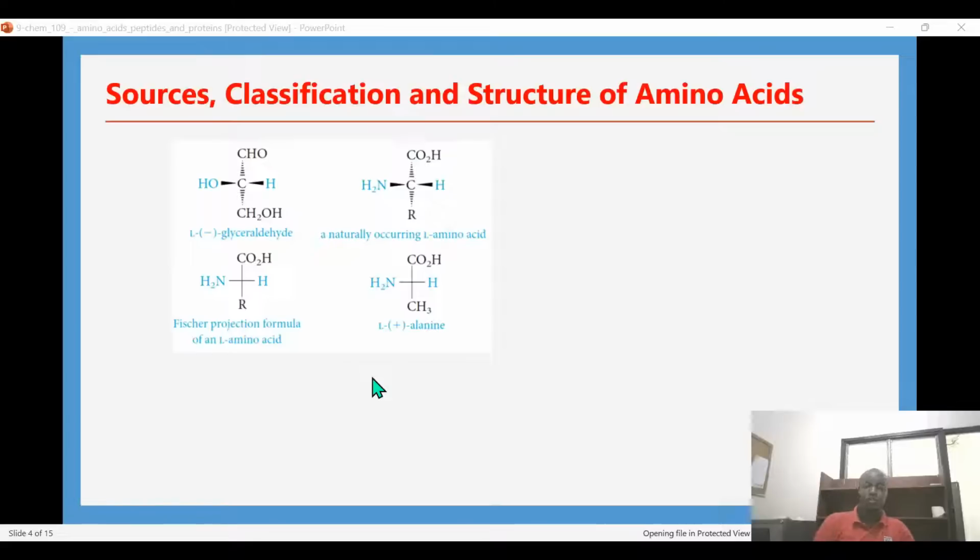L isomers are the form of amino acids usually found in humans. If we take anything that has D amino acid, we cannot digest it, because we don't have the enzyme that processes D amino acids.